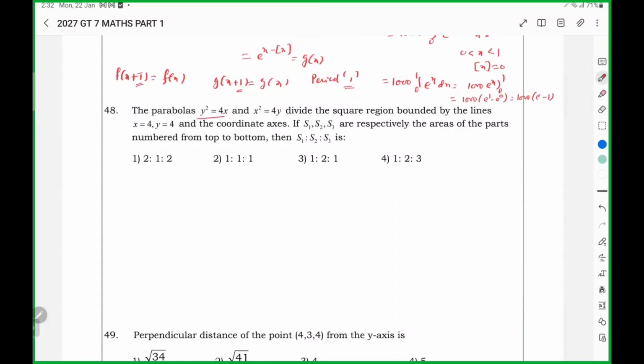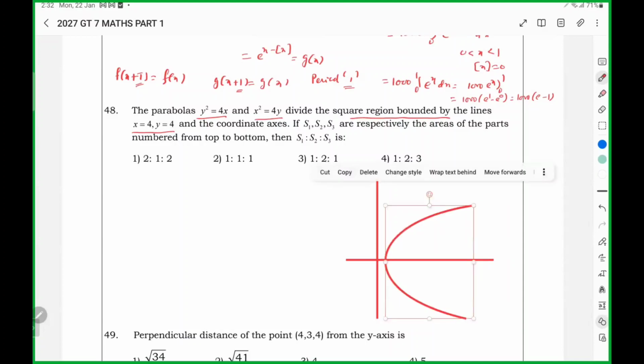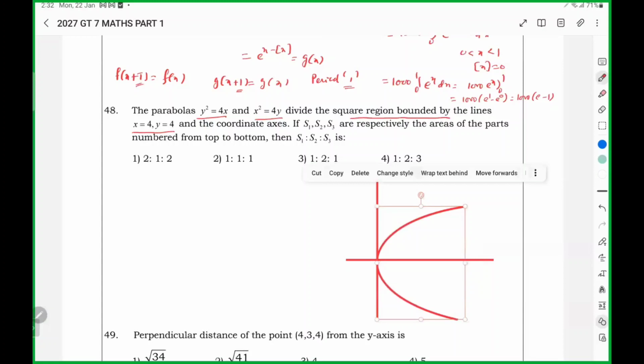Here y square equal to 4x, x square equal to 4y divide the square region bounded by the lines. So here is the parabola y square equal to 4x.